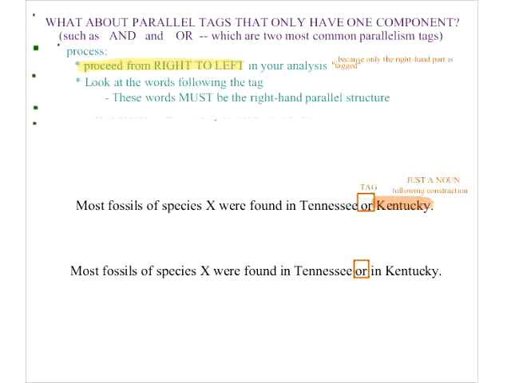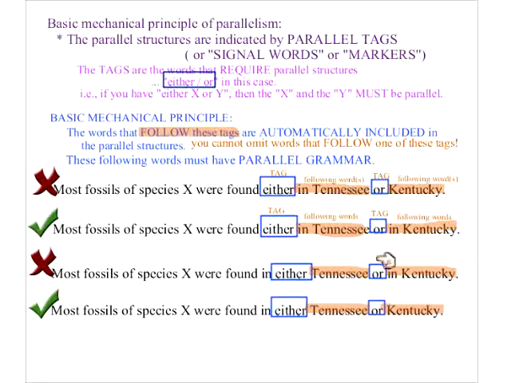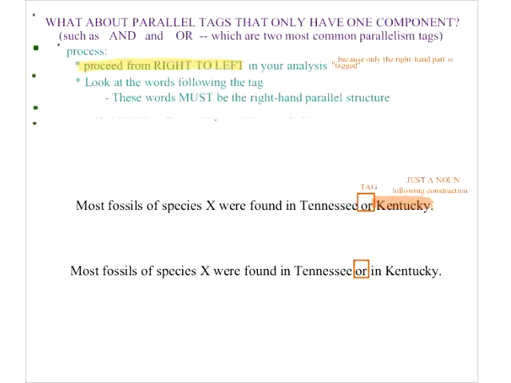So now, here's what's different. In these examples, you had an either and an or, and those were basically telling you where to look. Here you don't have an either over here that's bossing you around and telling you where to look. In fact, you can start the other half of the parallel structure wherever you want in order to make it the same type of grammar. So if this is just Kentucky, then what word or words do we need over here to be parallel to that?